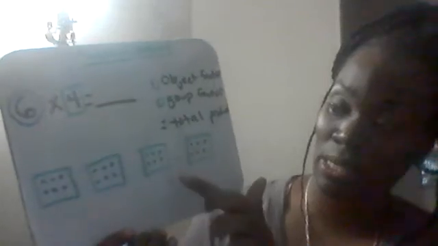All right. So now we have 4 groups of 6. This is the same as saying 6 plus 6 plus 6 plus 6. Our total is what?